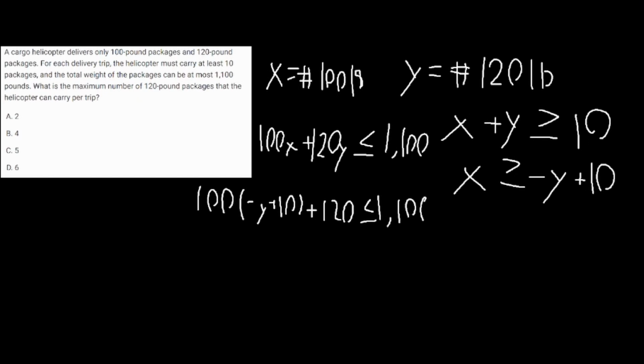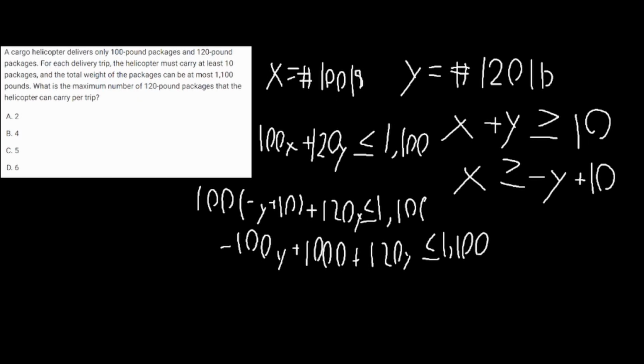Multiplying that out, we get negative 100y plus 1,000 plus 120y is less than or equal to 1,100.